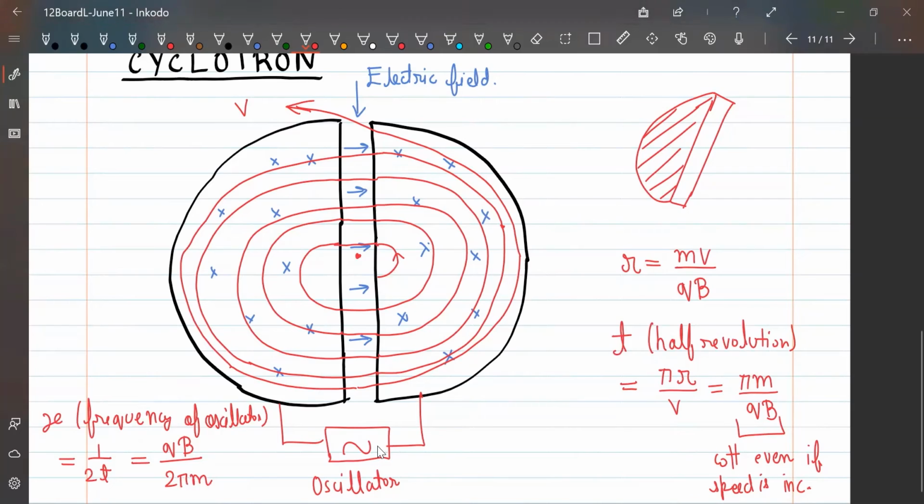When the oscillator frequency matches the frequency of the particle, we call it the condition of resonance. So at the resonance condition, the frequency of the oscillator equals the frequency of the particle, which is qB by 2 pi m.